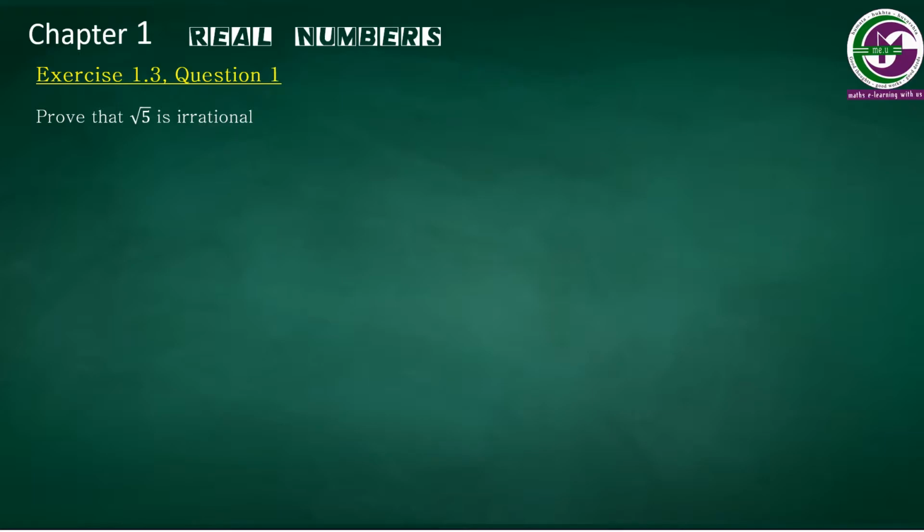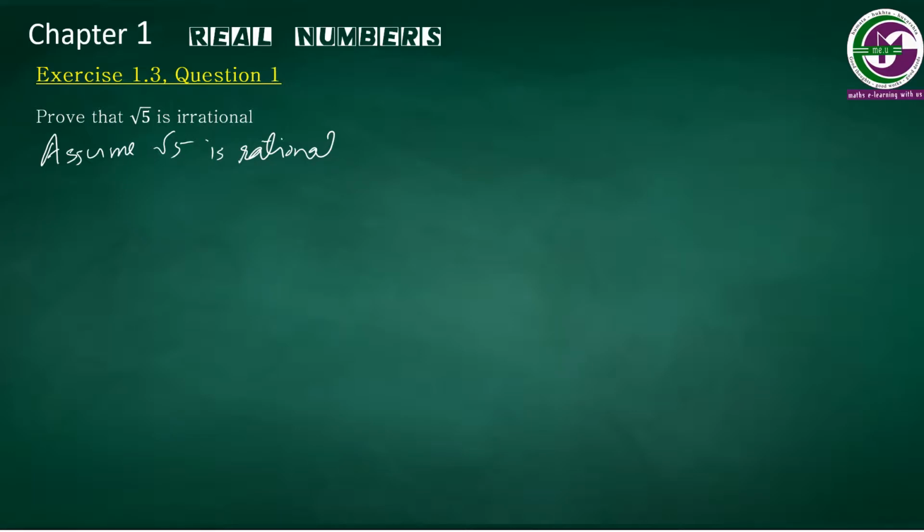In the last video, we studied how to show that root 2 is irrational. We will show root 5 is irrational in the same way. So first we'll assume root 5 is rational.